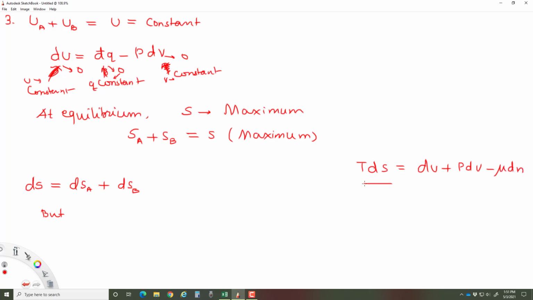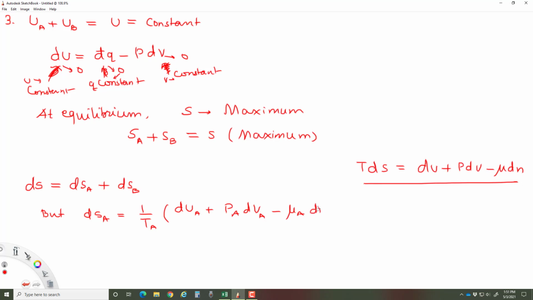So that means the change in entropy of A would be given by 1 over temperature of A, just taking this T to the denominator, dU of A plus PA dVA minus mu A dNA.